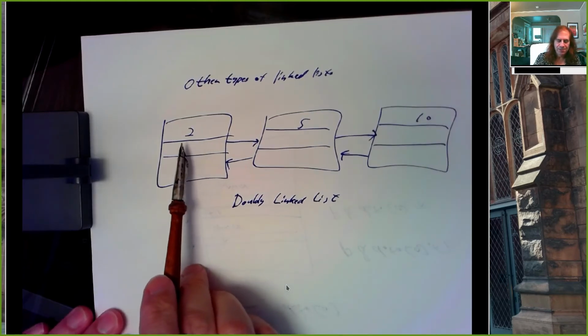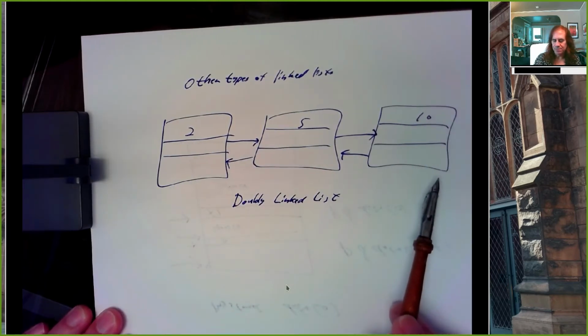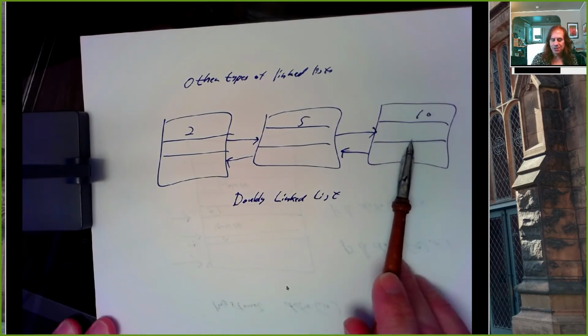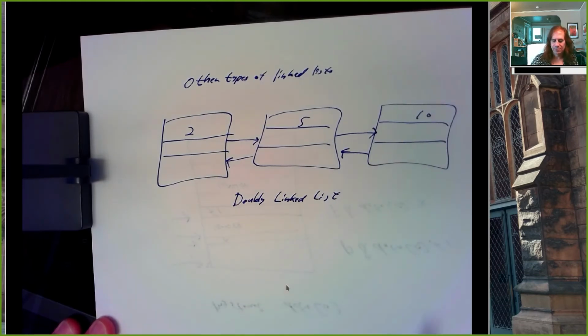So we can follow our nodes forward, as we've been doing, but when we get to a particular node, we can also go backwards. And why would we possibly want to do that? What could be an advantage of having these back pointers?